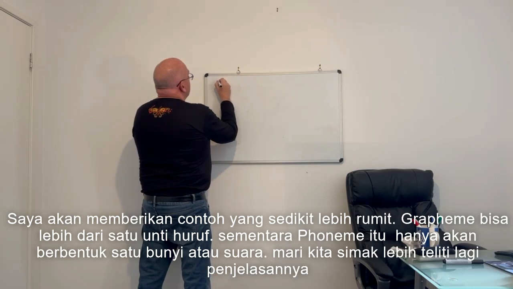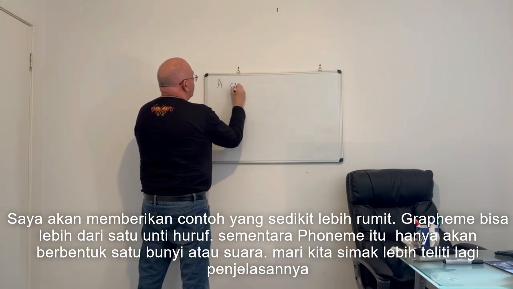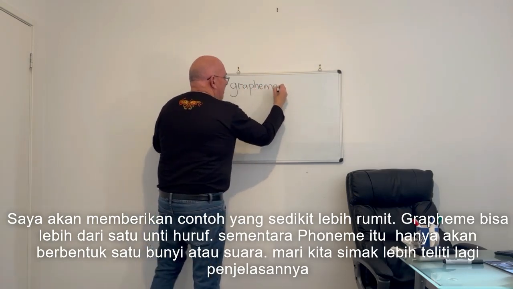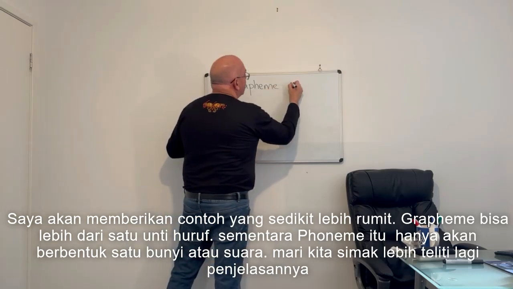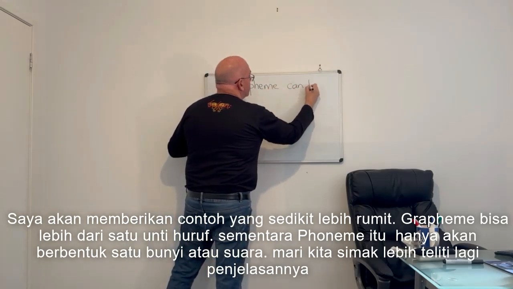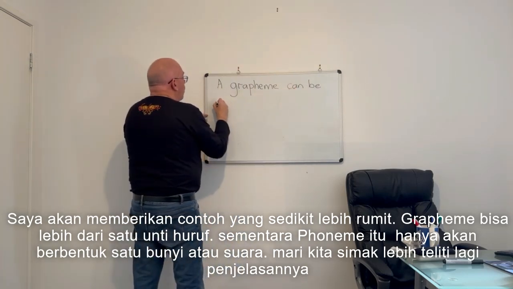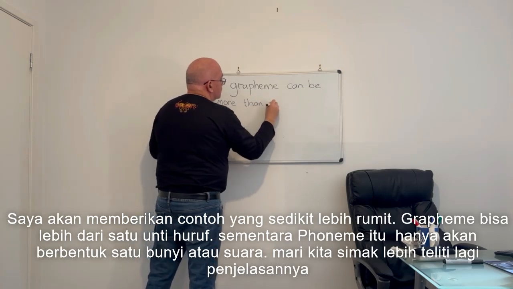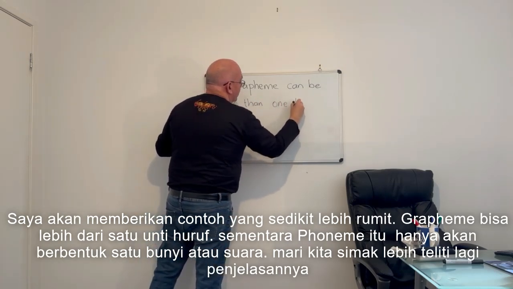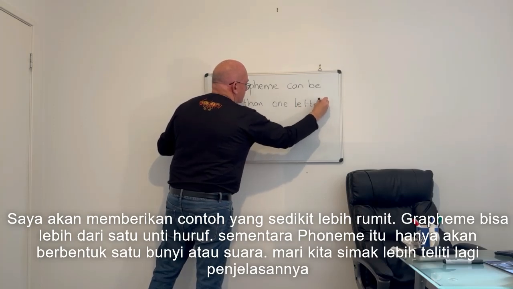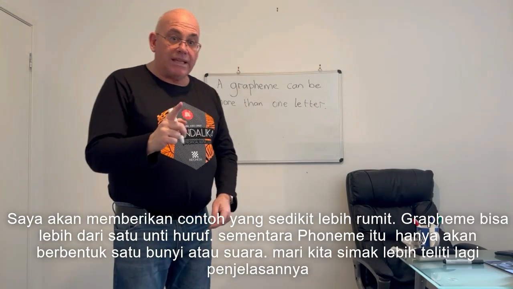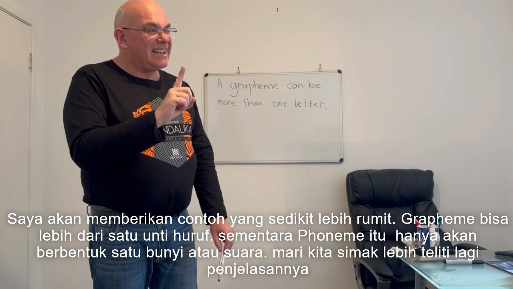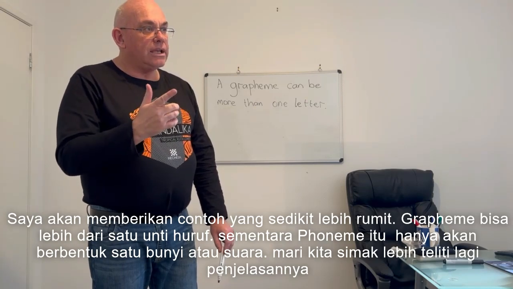A grapheme can be more than one letter. But a phoneme, no. A phoneme's only one letter, one sound, like O, as in dog.